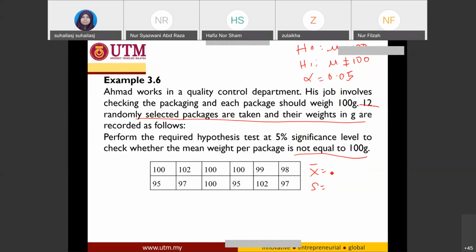Thank you. X bar was 98.75 just now. Your S is 2.379.